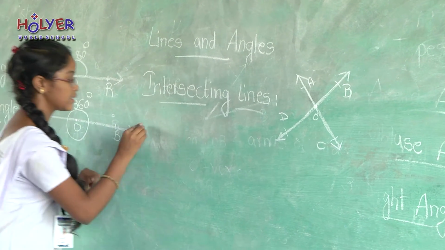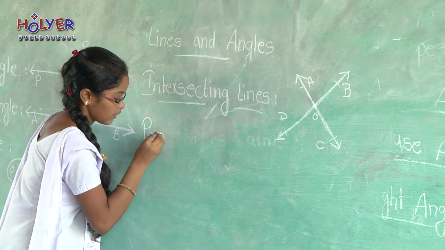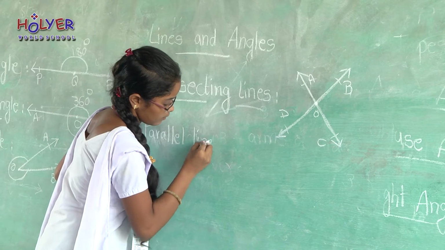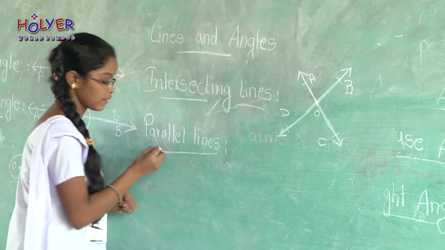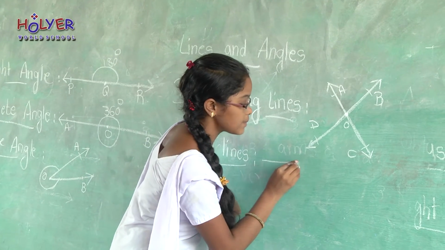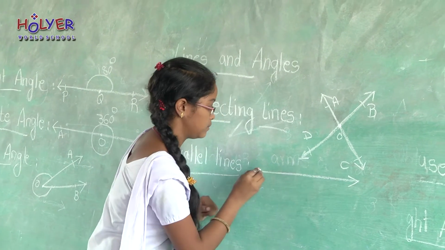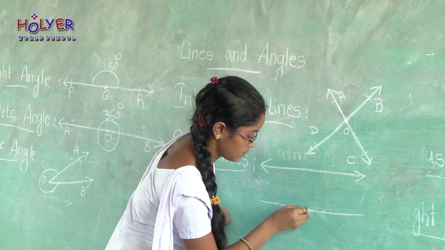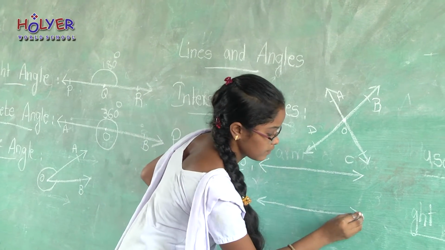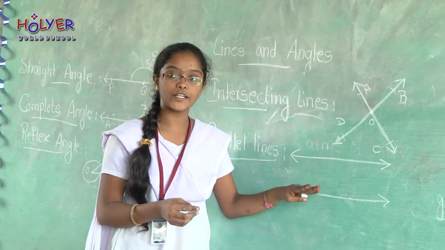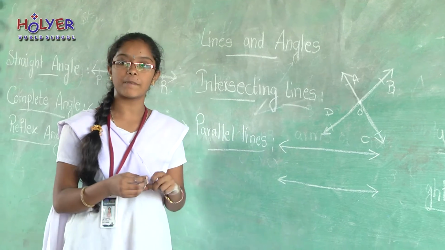Next, parallel lines. These lines do not have any common point. The lines are called parallel lines. These lines do not have any common point and they are parallel to each other, so they are called parallel lines.